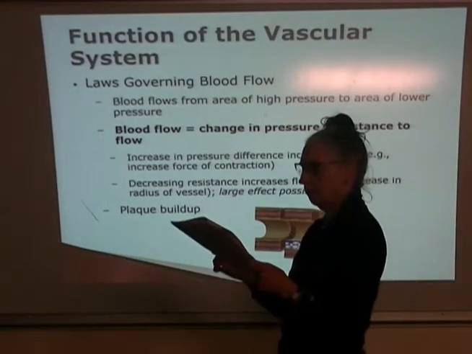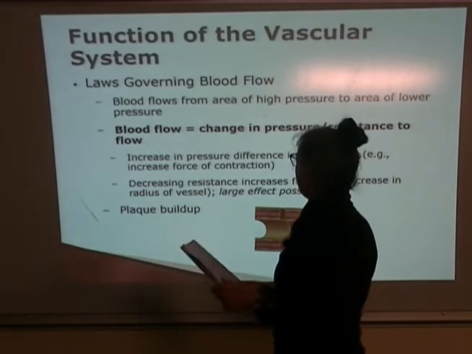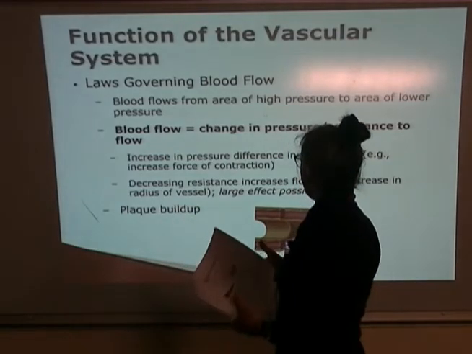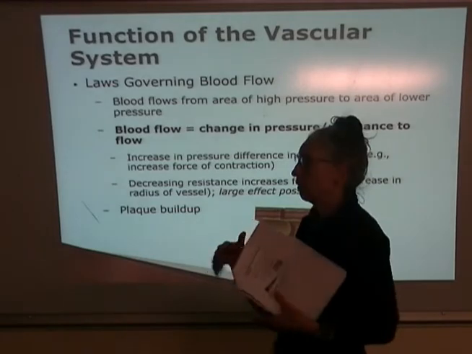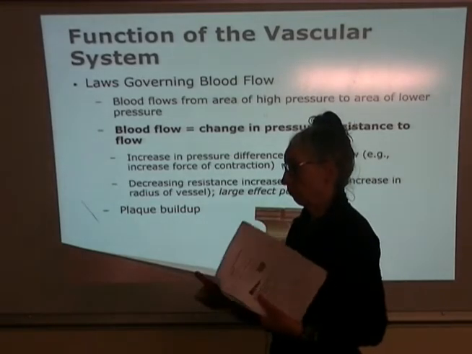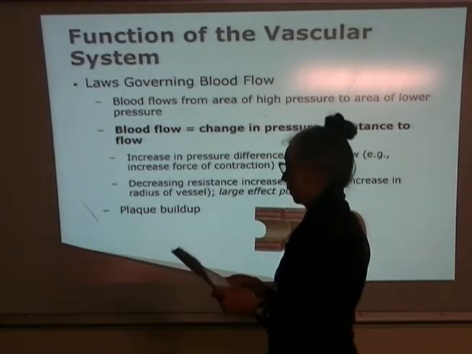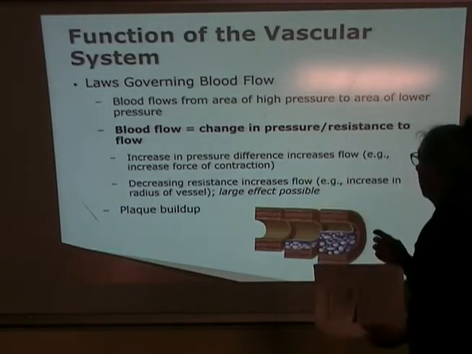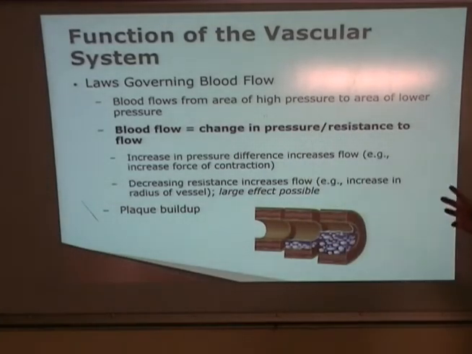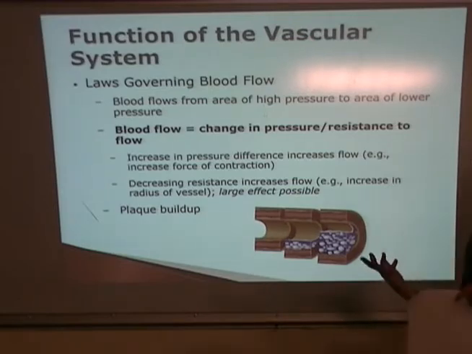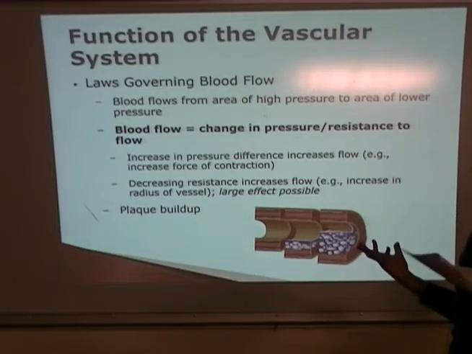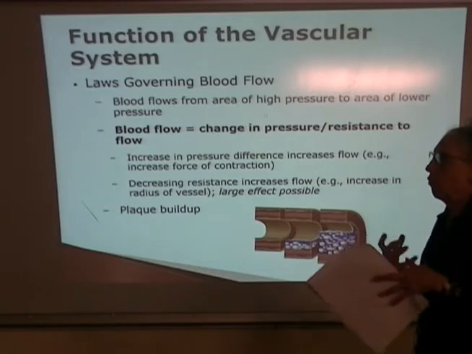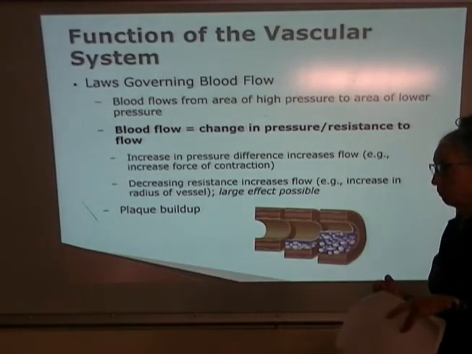Right? So blood flow is the change in pressure divided by the resistance to the flow. So if we increase the difference in pressure between point A and point B, then we increase the flow. We could do that, for example, by increasing the force of contraction of the heart.